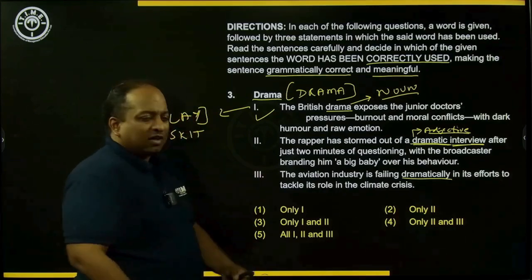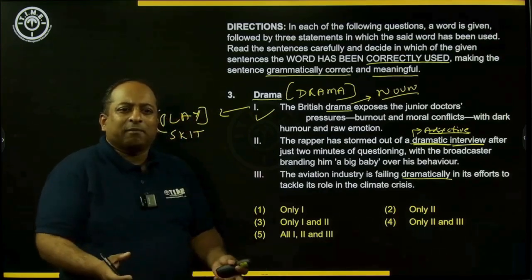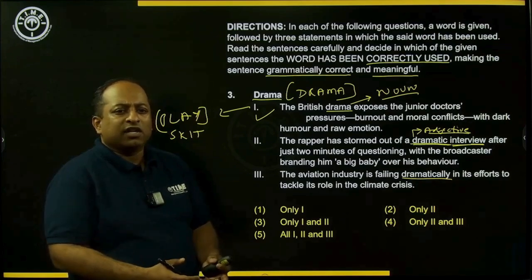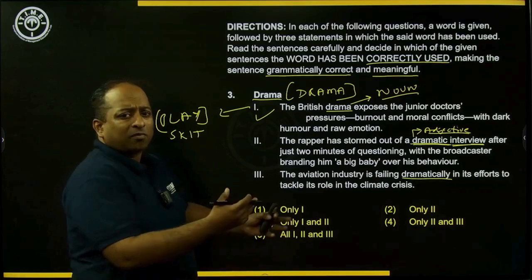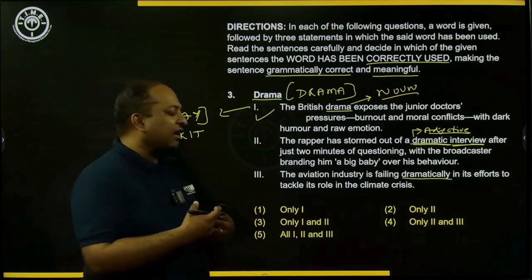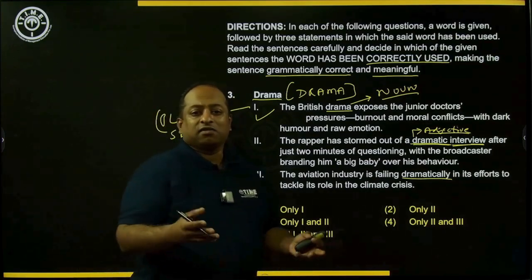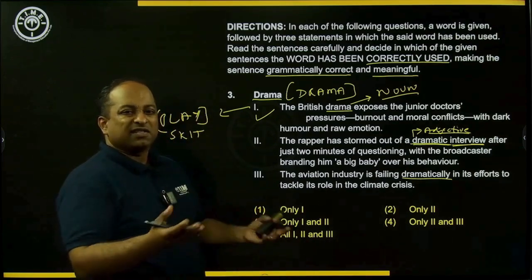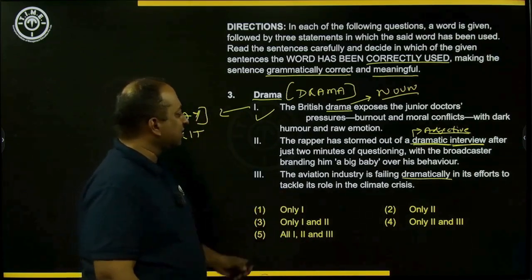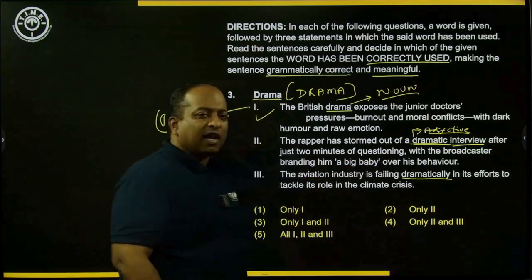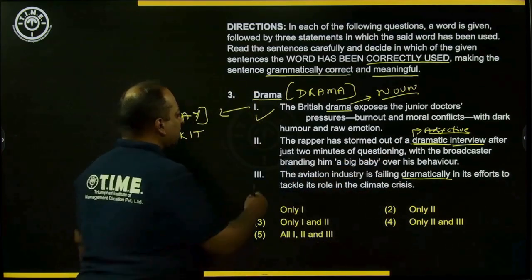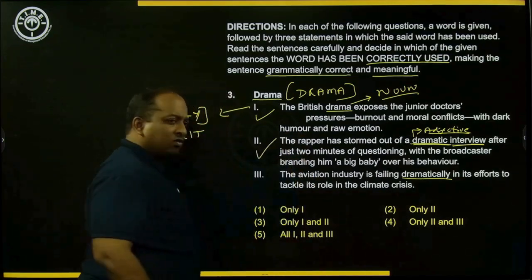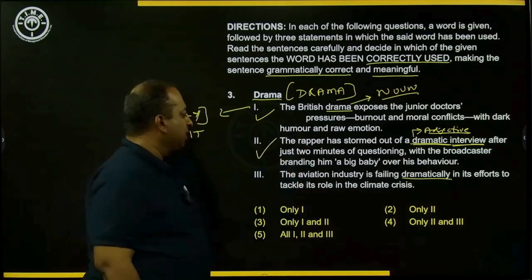So the rapper stormed out of the interview because the rapper felt maybe he or she was being questioned unfairly, right? So that interview was very dramatic in nature. It was very stormy, very sensational, very intense in nature. So here also the word drama in its form dramatic, which is the adjective form, is being used in the right way. So sentence number 2 is also correct.